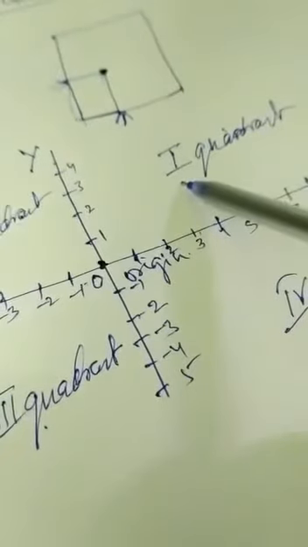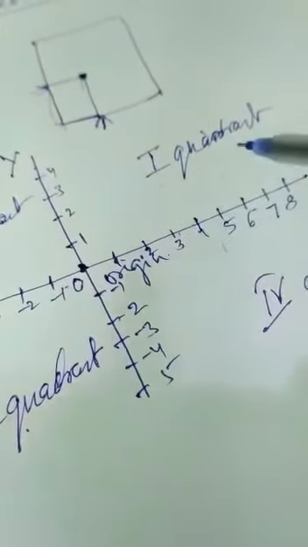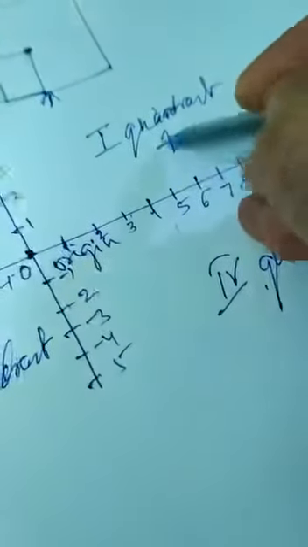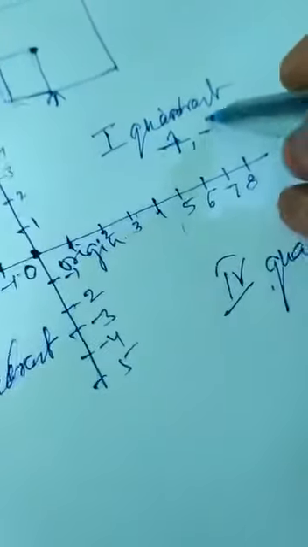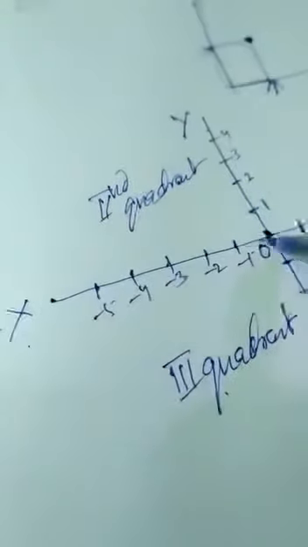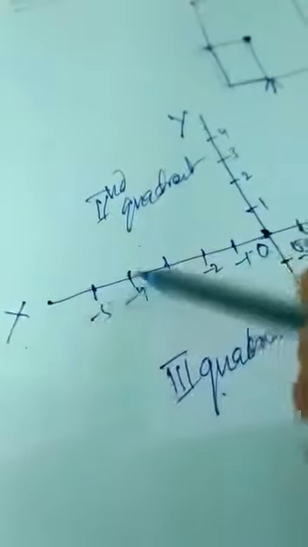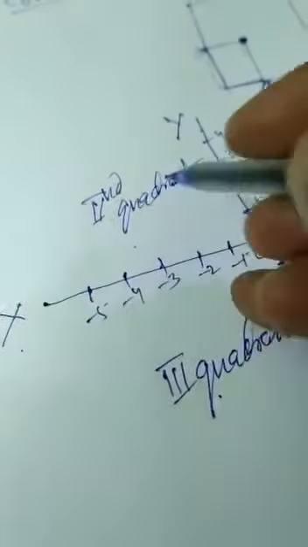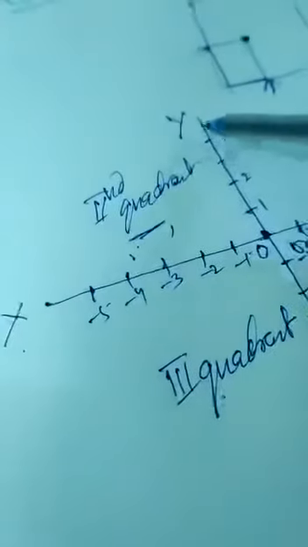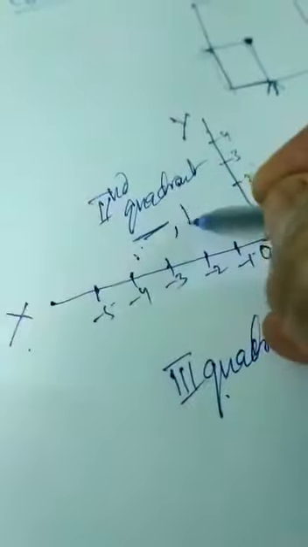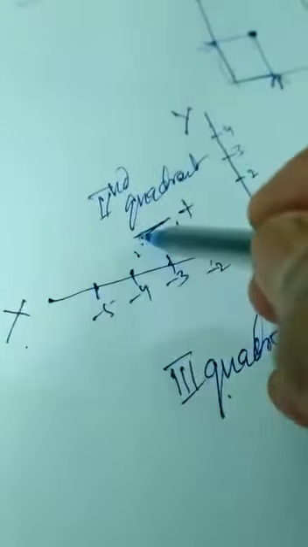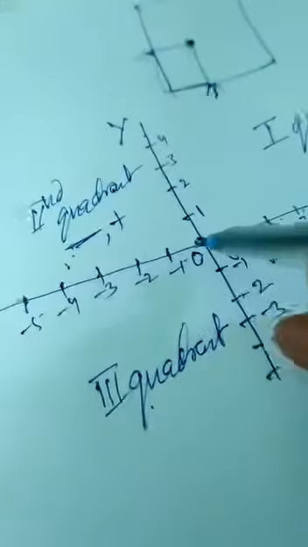So in the first quadrant, x is positive and y is also positive. In the second quadrant, x is negative and y is positive.